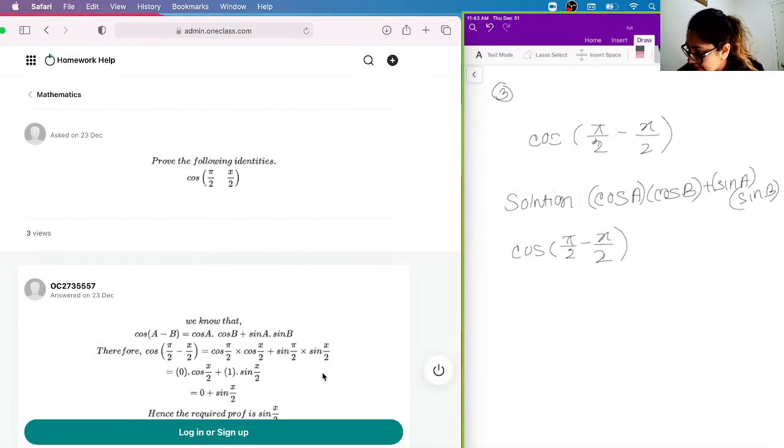For this, we can say pi over 2 is A and x over 2 is B.